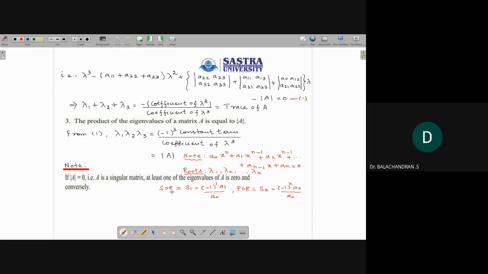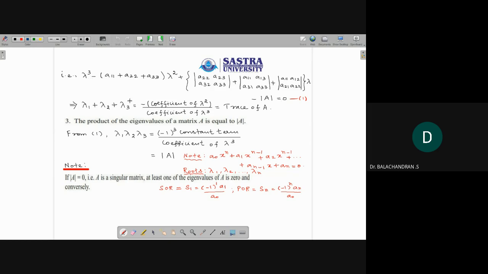Otherwise, here it is written. SOR means sum of the roots, that is S1 equal to minus 1 whole power 1, A1 by A0. A1 is the coefficient of lambda square, and A0 is the coefficient of lambda cube. The coefficient of lambda square is minus of A11 plus A22 plus A33.